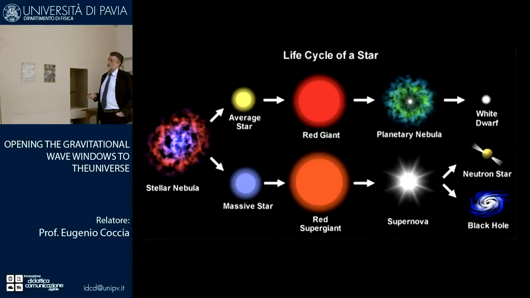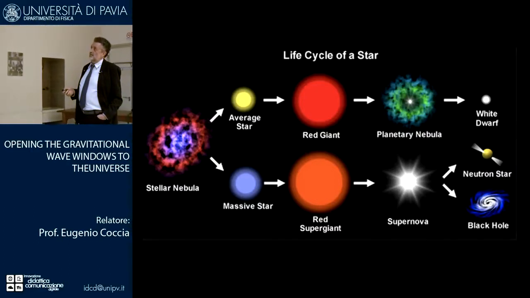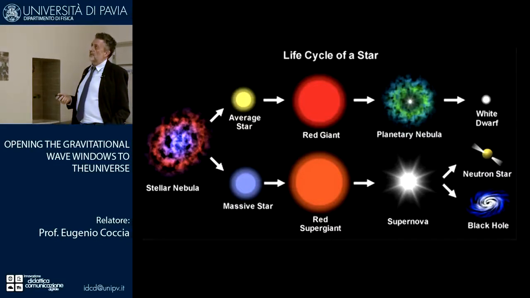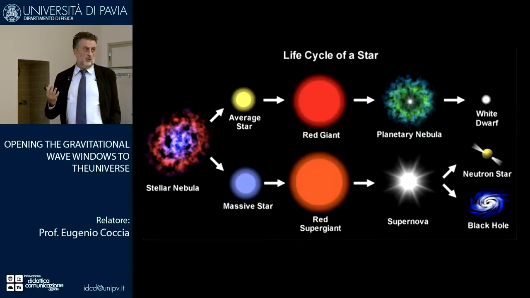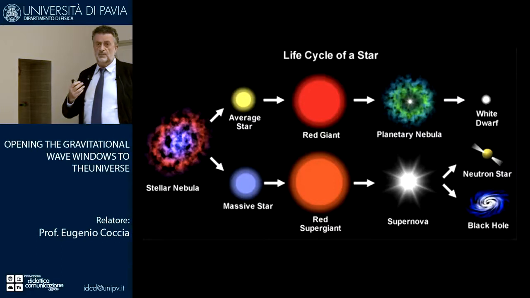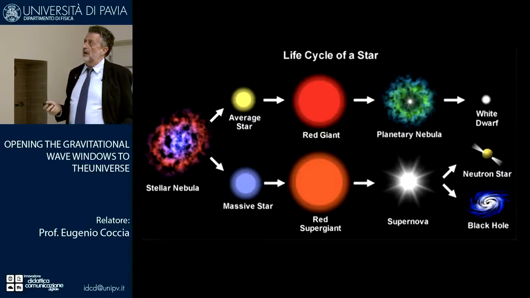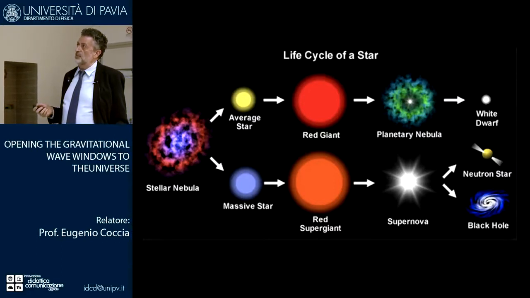For instance, if the star is an average star, then it passes through various steps in its cycle, becoming a very compact object, but not a black hole, a dying star, something which simply fades with time, becoming very concentrated.